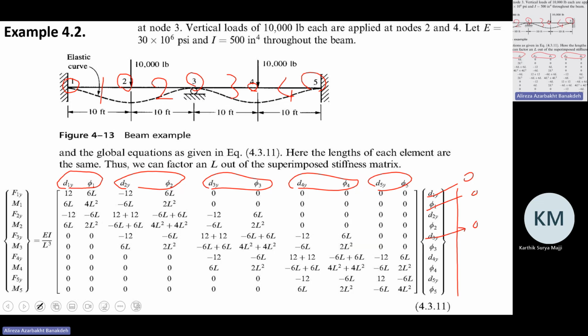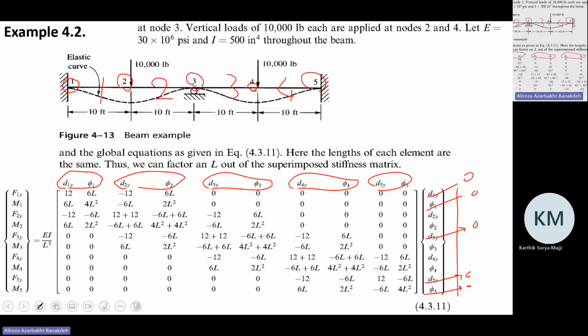But this is a specific situation because of the external forces. If you eliminate one of the external forces, you will have phi3 non-zero. But for the boundary condition, phi3 is free to move, but it doesn't move because of the external forces. That's another story. Also, d5y and phi5 are 0 because of the fixed support at node number 5.